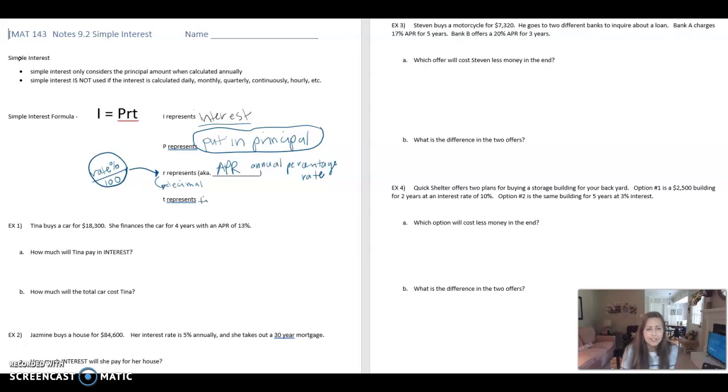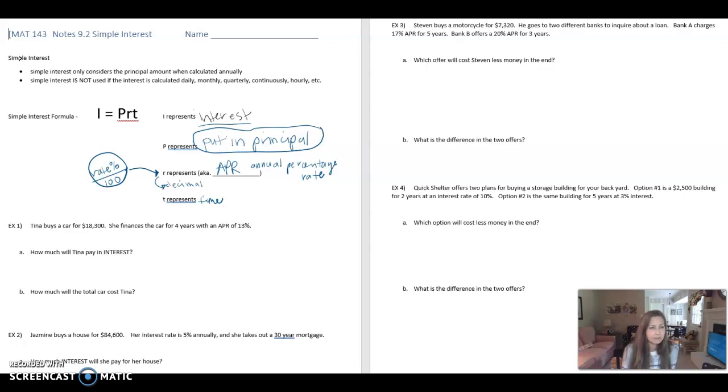And T represents time. So you pay interest over time. Okay, so those are the parts of the formula. I is the interest. P is the principal. It's what you put in. It's what you started the deal with. R is your rate, also known as an APR, and it has to be a decimal.